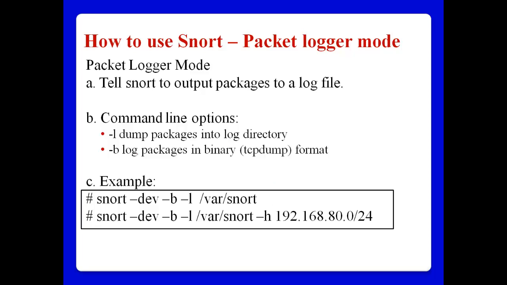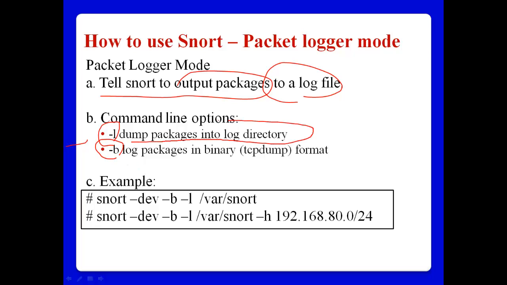Log mode means telling Snort to output packets to a log file. Normally we use this directory, /var/log/snort. To use this mode, we can use two kinds of options, -l and -b. So dump packets in the log directory, and log packets in a binary file, especially the TCPdump format.